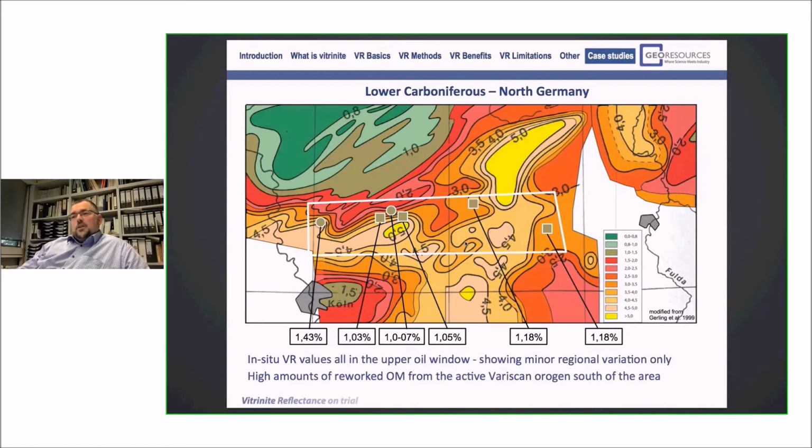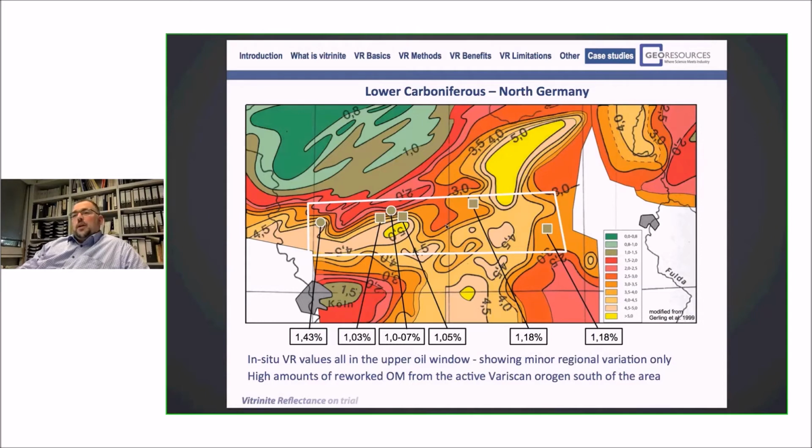And this is very often highly mature material included into this orogenic wedge, heated up, metamorphized partially, and then eroded into the basin again.